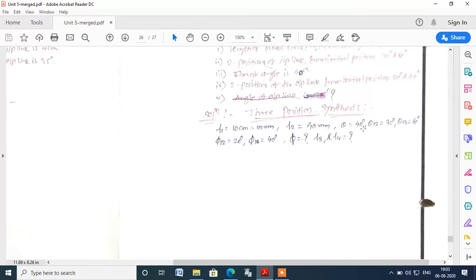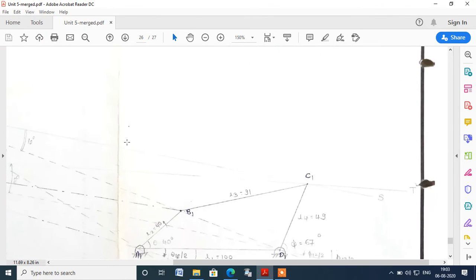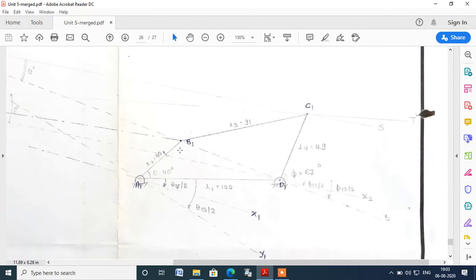Then two positions of the input link from the initial position are given, so theta 12 is 30 degrees and theta 13 is 60 degrees. Here two positions of the output link are given, phi 12 is 20 degrees and phi 13 is 40 degrees. Now we have to synthesize this mechanism.